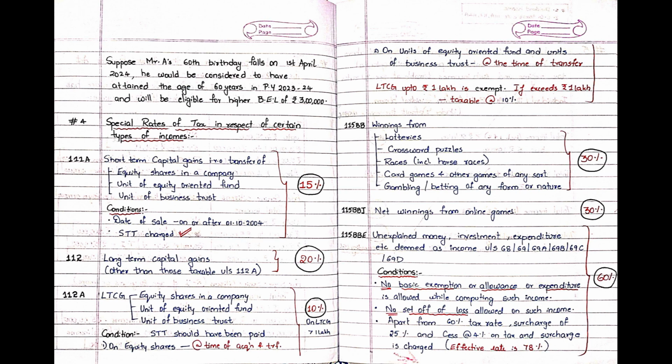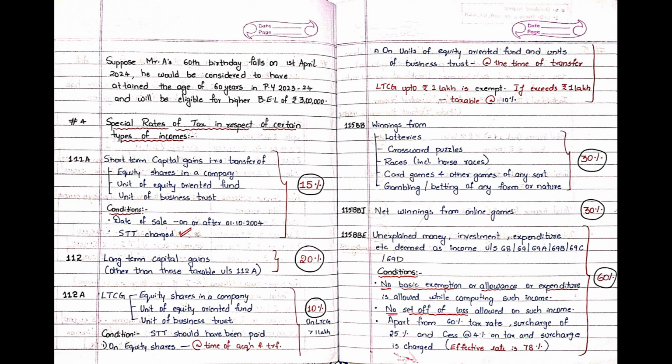Number 1, under section 111A, short-term capital gains in respect of transfer of equity shares in a company, unit of equity oriented fund, or unit of business trust. On such short-term capital gains, 15% tax rate is levied.